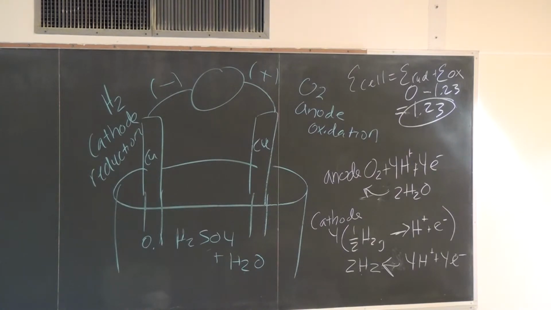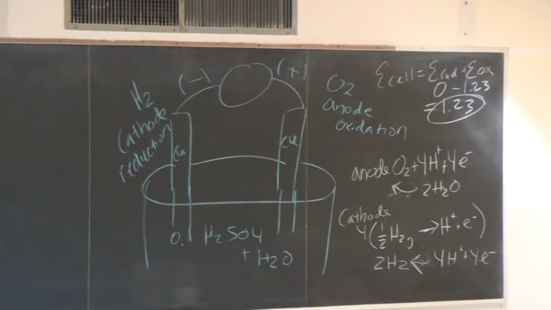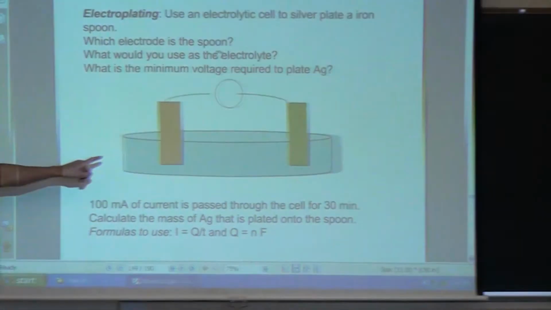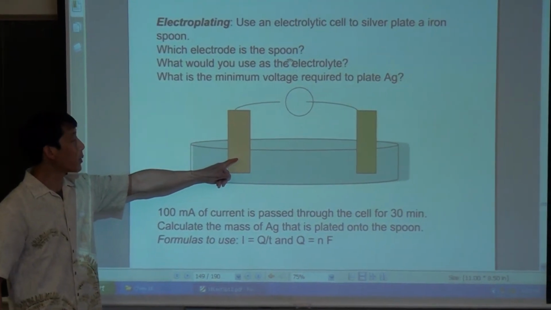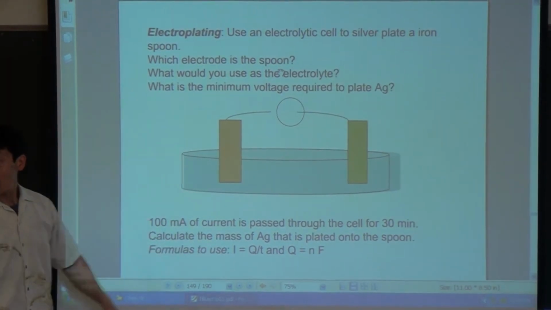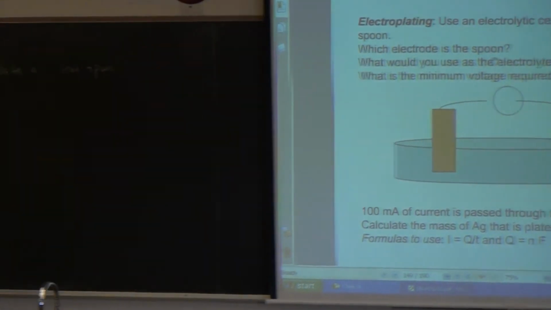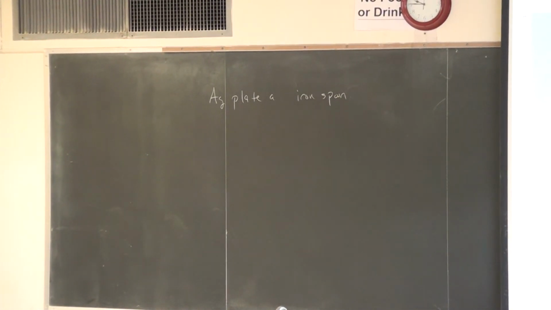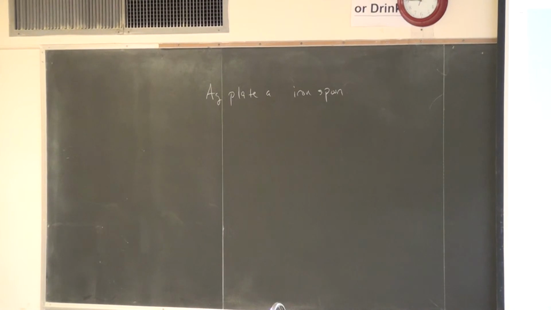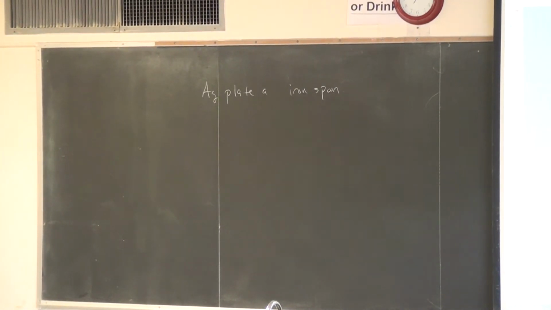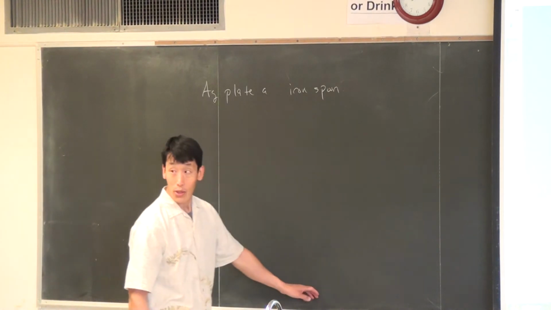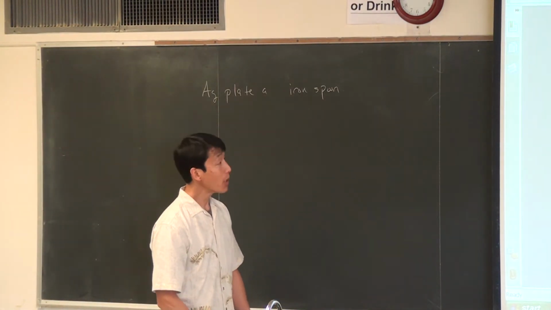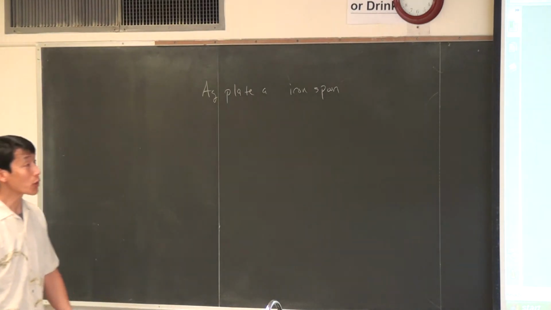Yeah, reduction of what substance? Silver ion. Yeah, so at the spoon, you want the silver ion to be reduced to silver metal. So that means that the iron spoon is going to be the cathode, because the cathode is where reduction occurs. And we want the silver ion to be reduced to silver metal.